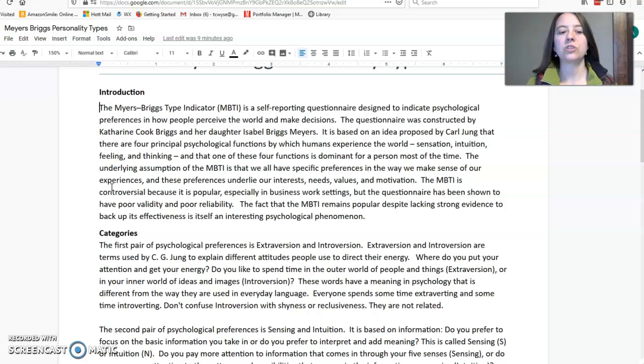The underlying assumption of the MBTI is that we all have specific preferences in the way we make sense of our experiences, and these preferences underlie our interests, needs, values, and motivation.